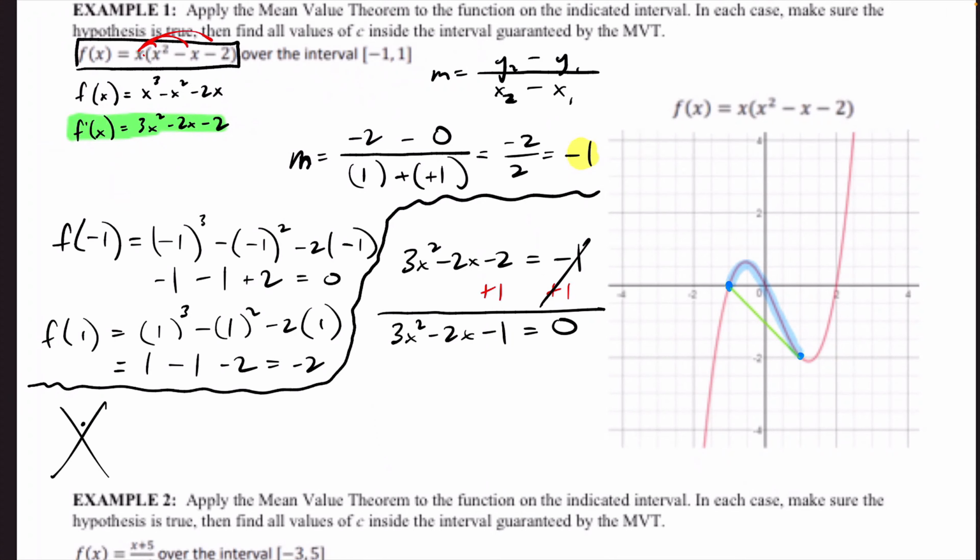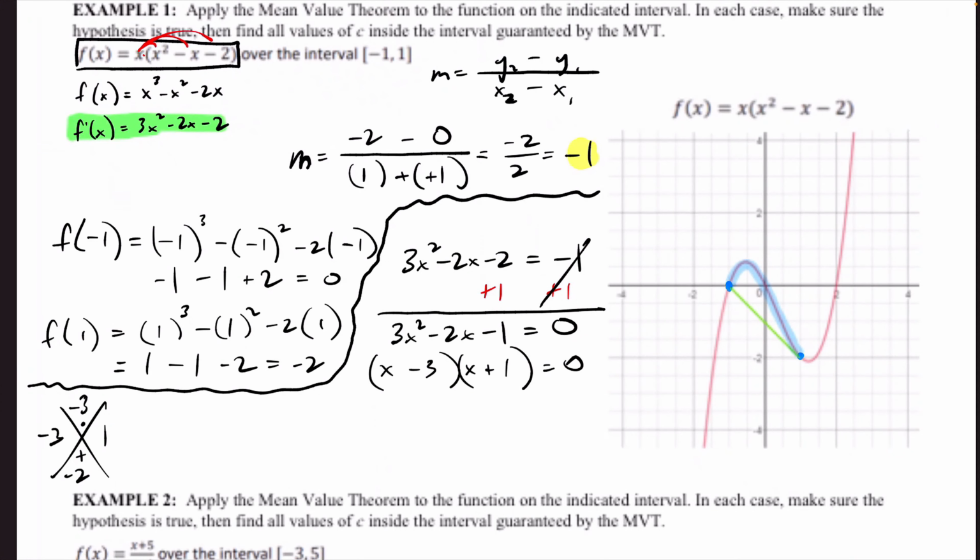So it has to be 3 and 1, negative 3 and positive 1.